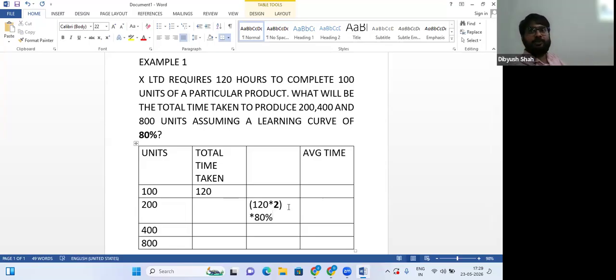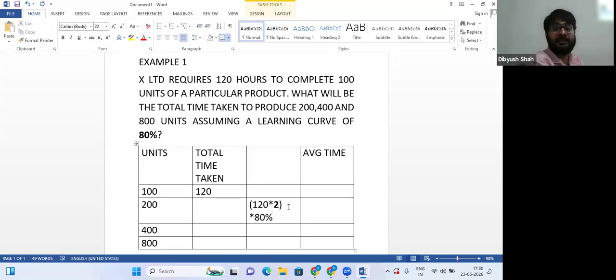Look at it again. To make 100 units, company needed 120 hours. So if there is no learning curve, if there is nothing to learn, if worker cannot do the job quickly, then when the production doubles from 100 to 200, ideally or theoretically, it should take 120 into 2 hours.